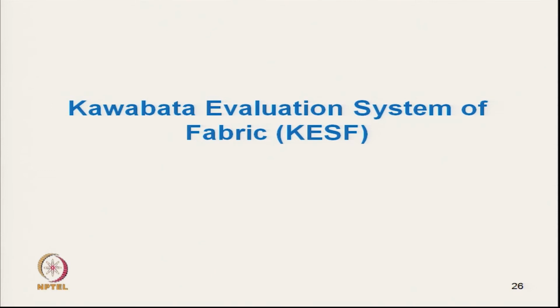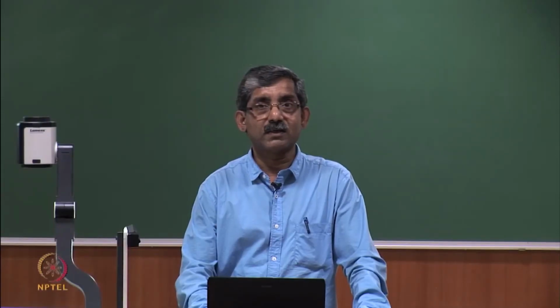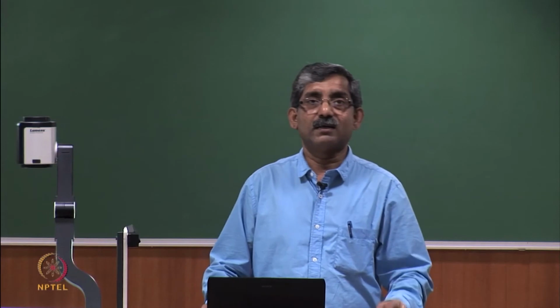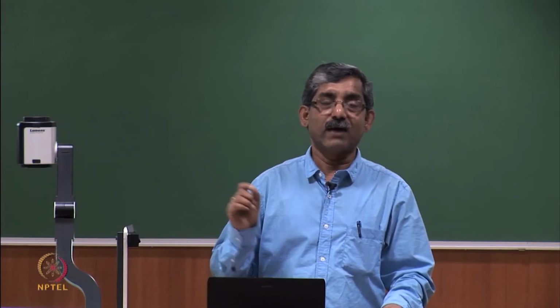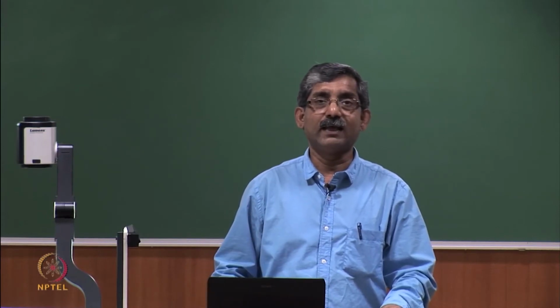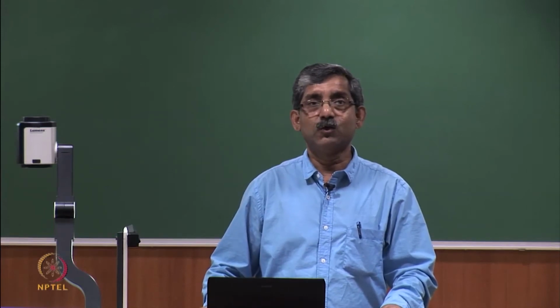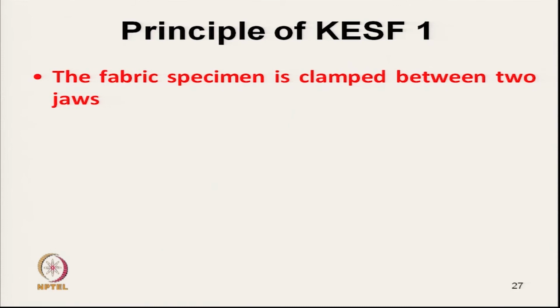So, first we will start with the Kawabata evaluation system of fabric, the KESF system. We will start with the first module, which is KESF 1, which measures 2 characteristics, tensile characteristics and shear characteristics.